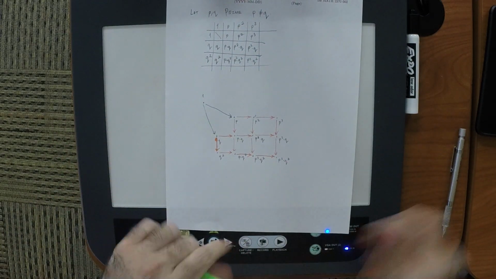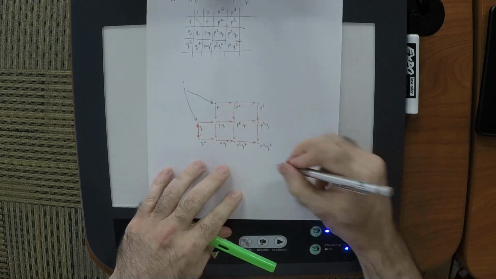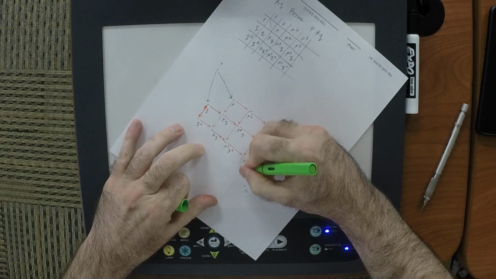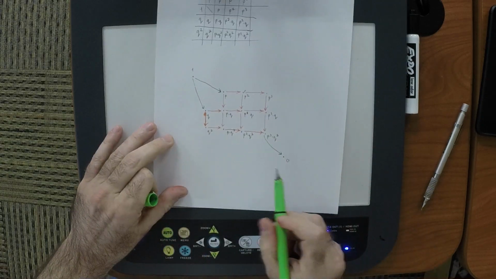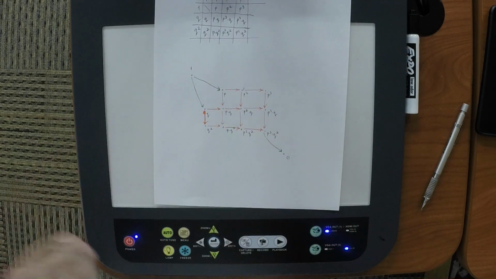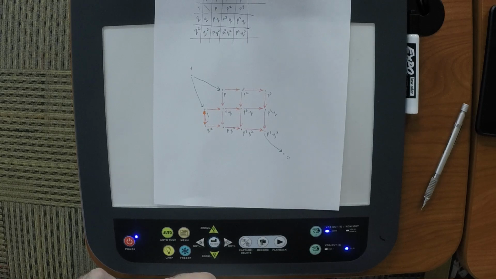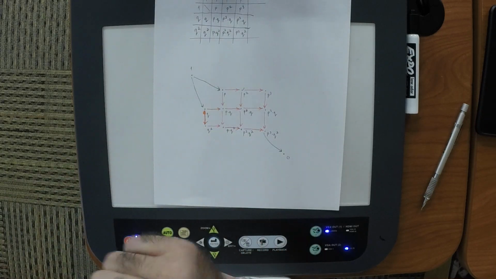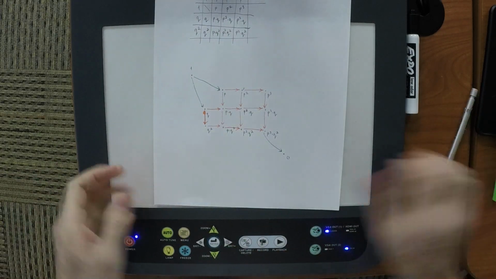And then what's the greatest natural? 0. So notice that from any point on the lattice, you can always make it to 0. And if you only traverse in the backwards direction, you can always make it to 1. Okay. Any question about it?